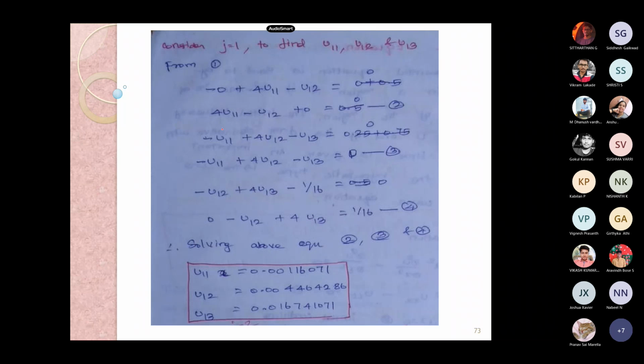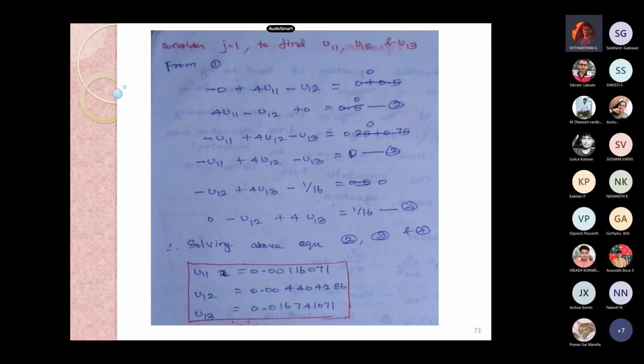Siddharthan, tell me the coefficients which you applied for the first j value, first time series. Yes, sir, I applied -4, 1, 0, 0.